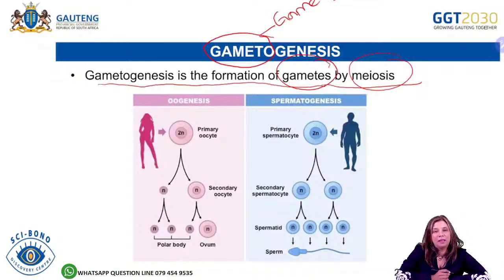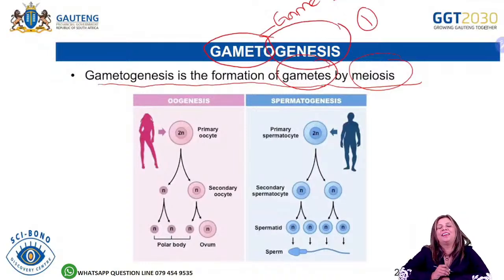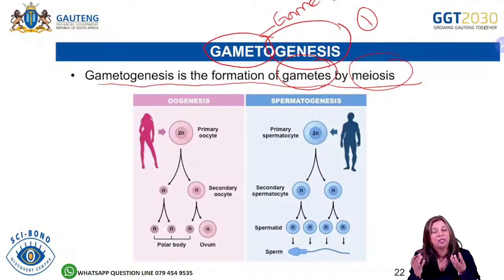Gametes are those sex cells, the haploid sex cells. And genesis means the beginning, it means creation. So if you put the two together, it is the creation of gametes or sex cells. If you get it in multiple choice or matching columns, you would now know how to remember that.